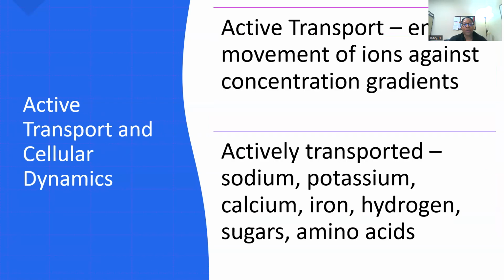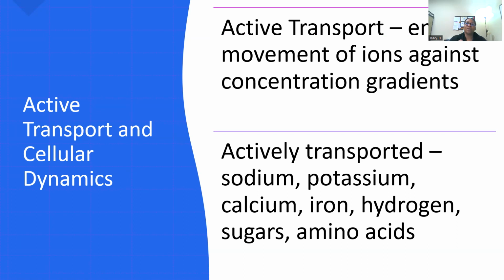Okay. So now we're going to move on to active transport. So active transport is a cellular, I guess, powerhouse in a sense to ensure that movement of ions is going against the concentration gradients.